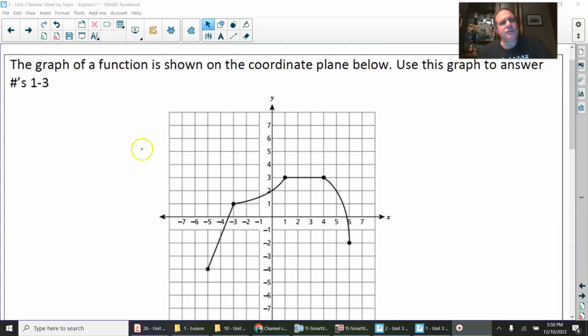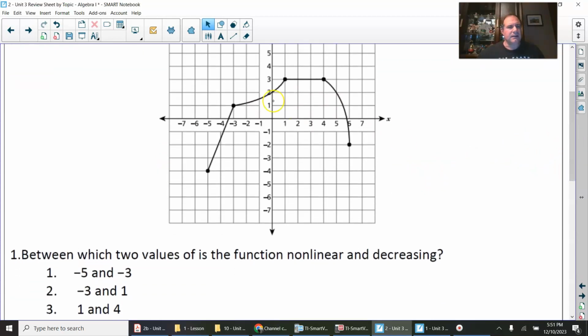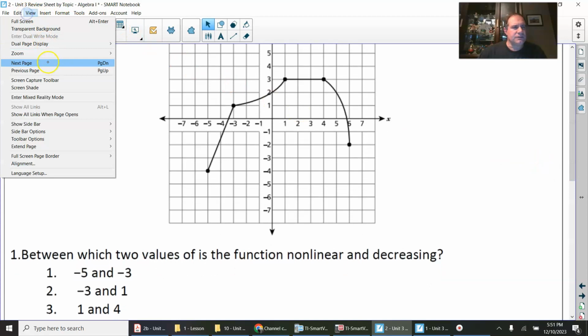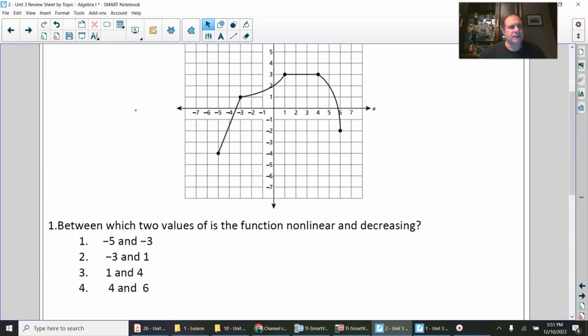The graph of the function is shown on the coordinate plane below. This right here is to use the graph to answer numbers 1 through 3. And let's go see what they say. Let me just zoom out a little bit because I can't see.